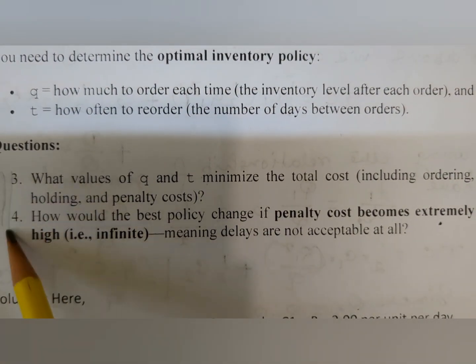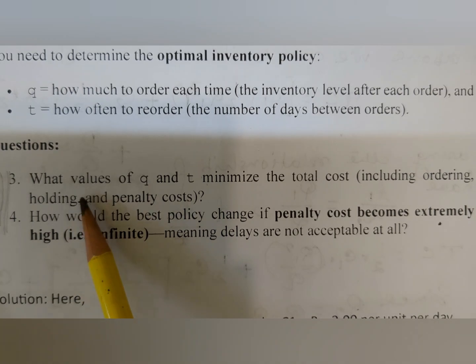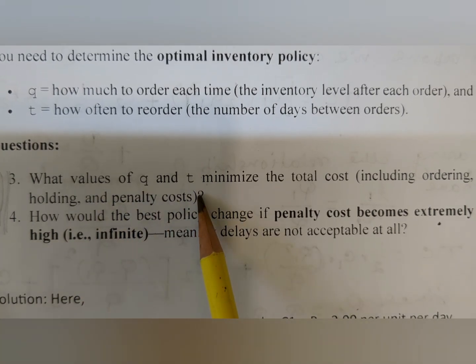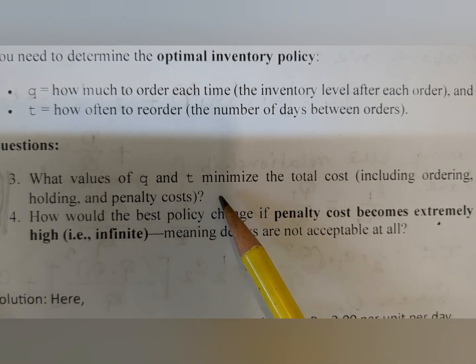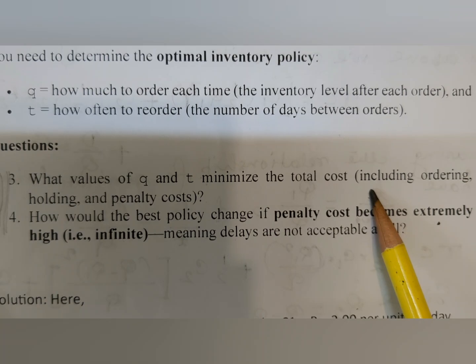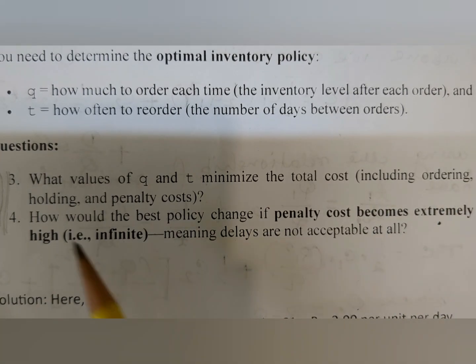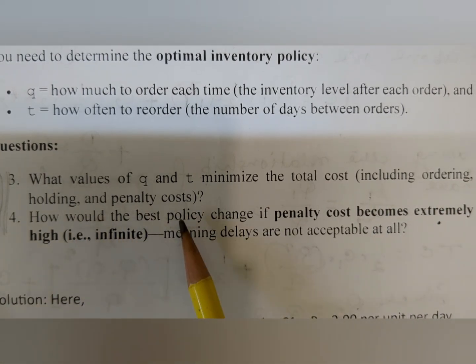The questions are being made clearer here. What values of Q and T minimize the total cost, including ordering, holding and shortage penalty cost?